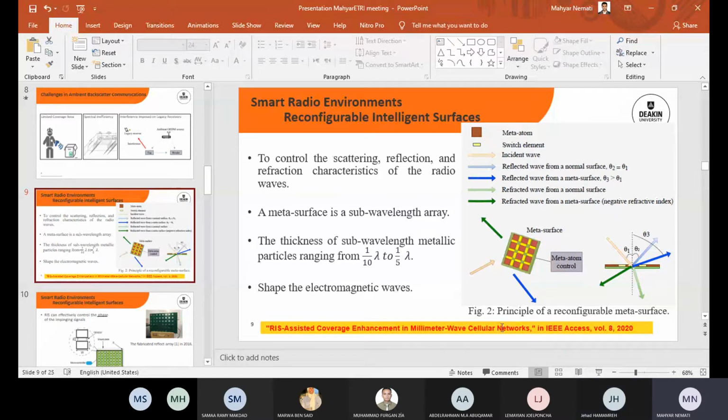It was published 2 months ago, called RIS Assisted Coverage Enhancement in Millimeter Wave Cellular Networks. It also has some basics and fundamentals of smart radio environments.